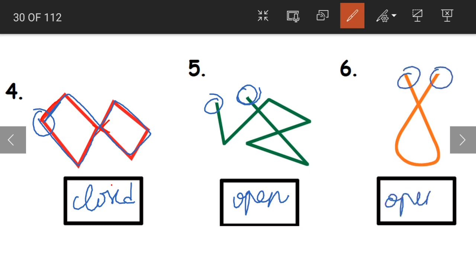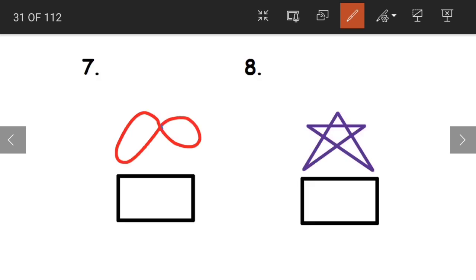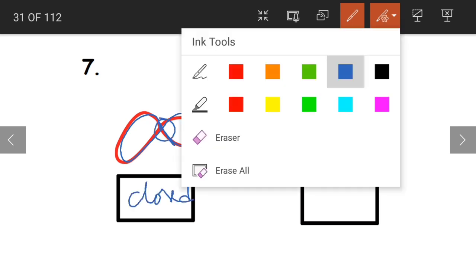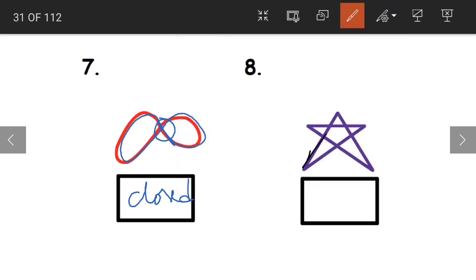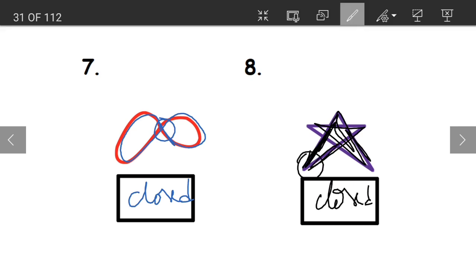So it's an open curve. Then 7, the ends are meeting. Suppose I am starting here and ending here. The ends are meeting. So it is a closed curve. Again for figure 8 also, the ends meet each other. So it is also a closed curve, children.